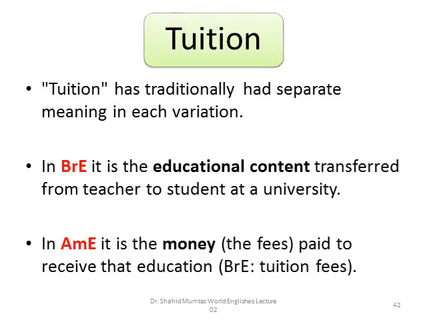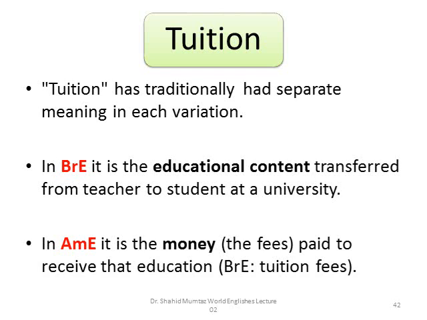Tuition also has a different meaning in both of these variations. In British English, it is the educational content transferred from teacher to student at a university. So tuition in British English means the educational content, the material, that is transferred from teacher to student.